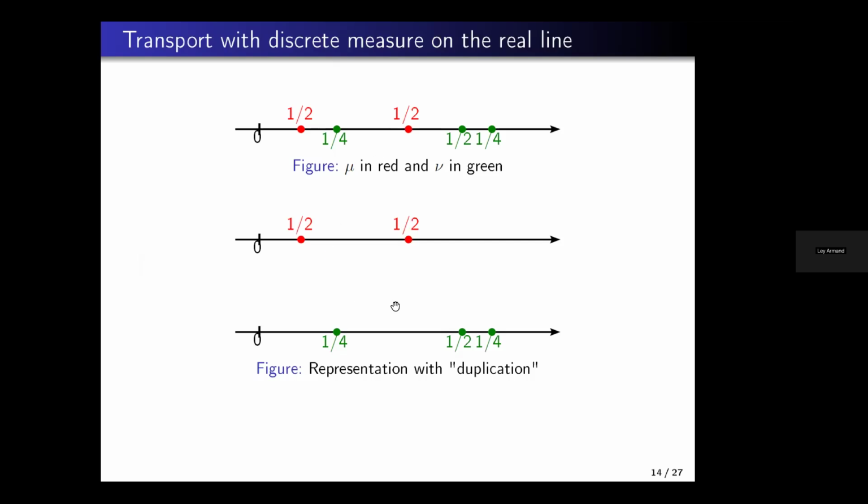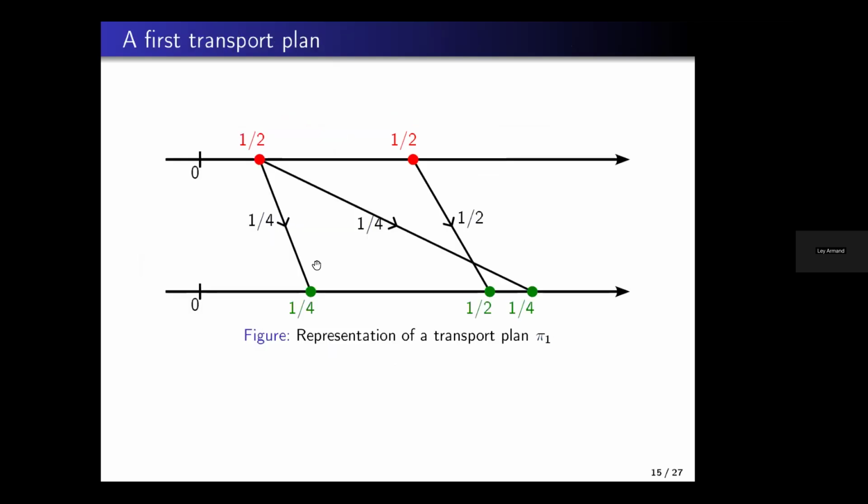Just for the purpose of presentation, I do 2 lines, but you can imagine this is still on the same line. A way to transport the mass from the red points to the green points is that the first point is giving 1/4 of the mass to the first point and 1/4 of the mass to the third point, while the second red point is giving 1/2 of the mass to the second point.